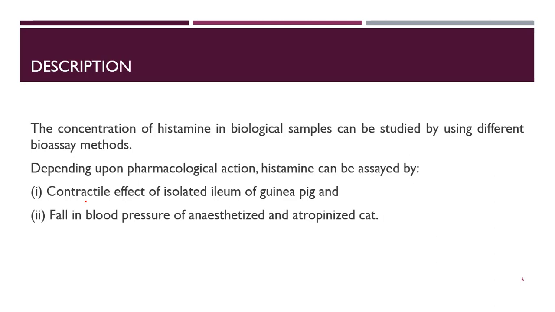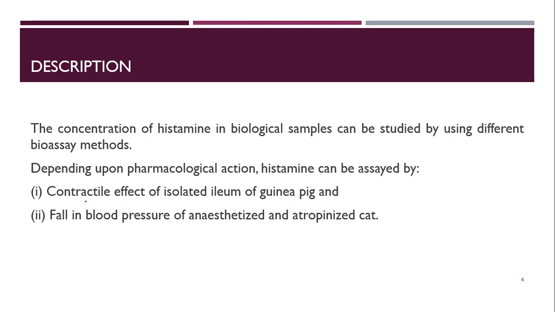So these are two methods of performing bioassay of histamine. The first method deals with the effect of histamine on the gastrointestinal tract, and the second is because of its effect on the cardiovascular system.